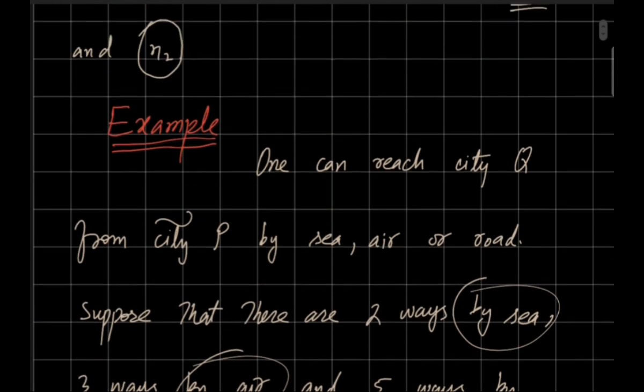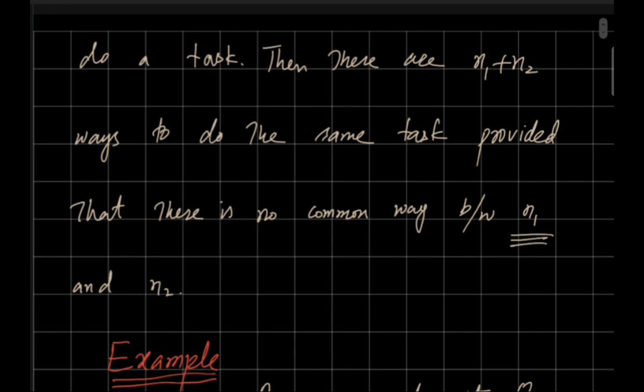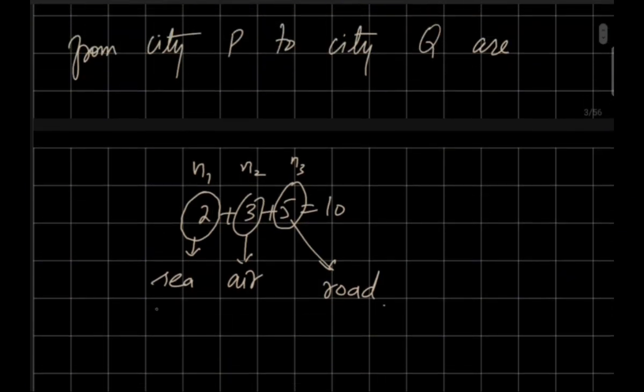You can see the definition of the addition principle. It says that there is no common way between n1 and n2, right? So you can see there is no common way between the ways from the air, the ways from the sea, and the ways from the road.